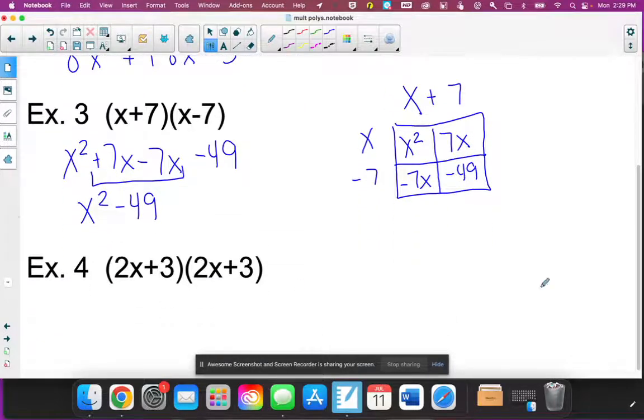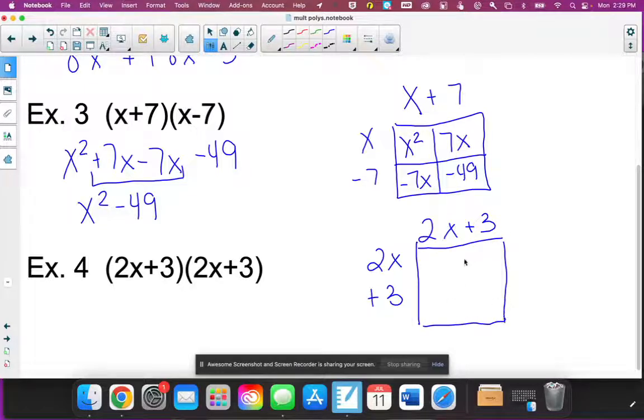All right, last one. Again, 2x plus 3 and 2x plus 3 again. So now we're multiplying two of the exact same thing. Okay, same deal. We're going to go ahead and multiply each of the four areas, because we have this part of the length times this part of the width, right? 4x squared.